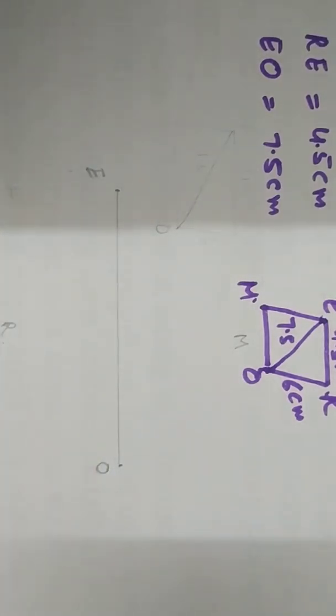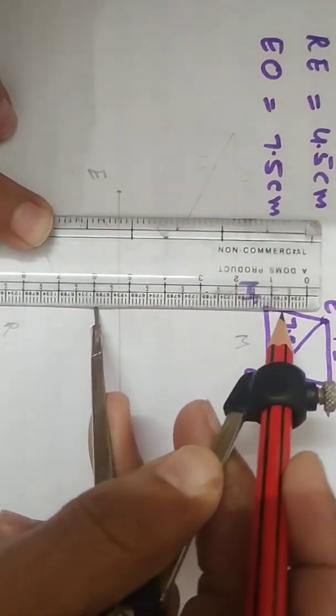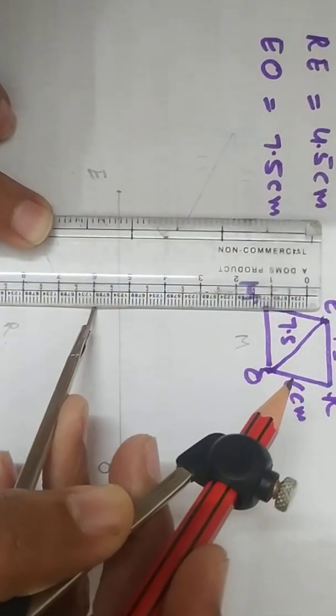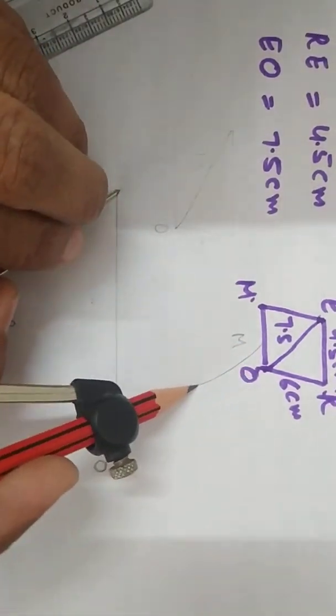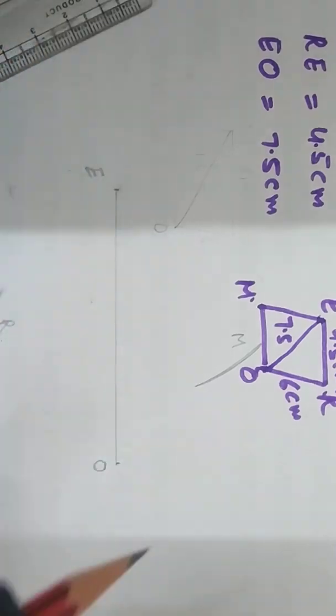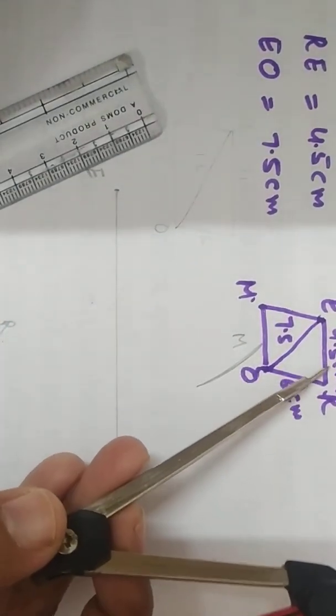Now what is ME? ME is equal to 6 centimeter. So I will take 6 centimeter length, and from E I will put an arc of 6 centimeter like this. Now what is MO? MO is equal to 4.5 centimeter.